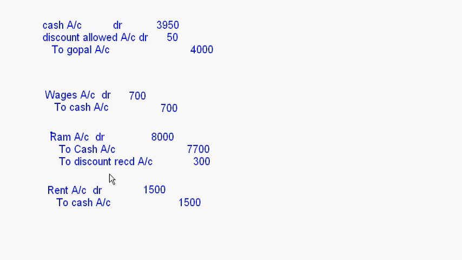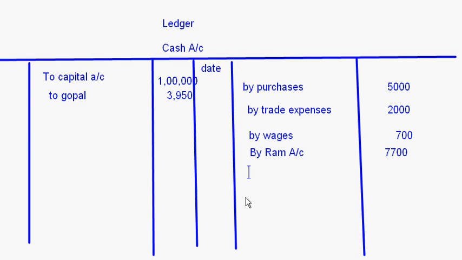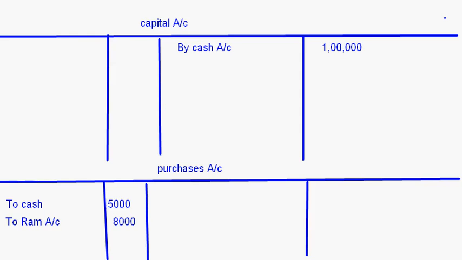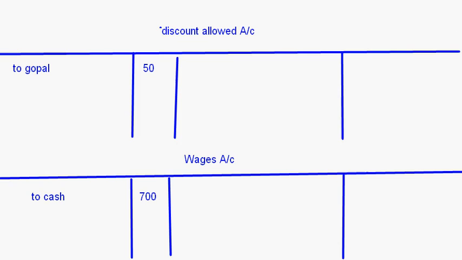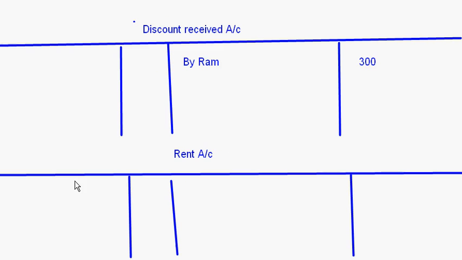So this entry is done. Rent account debit to cash account. So in cash account you will have by rent account. The amount is 1,500, and in rent account we'll have to cash account 1,500.